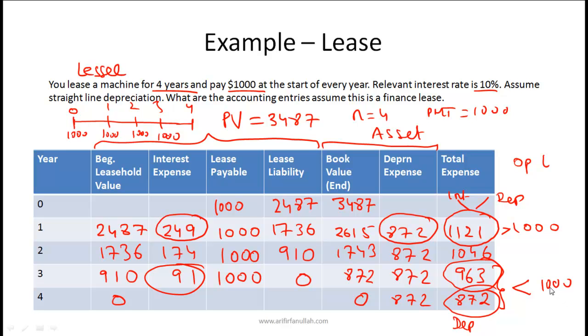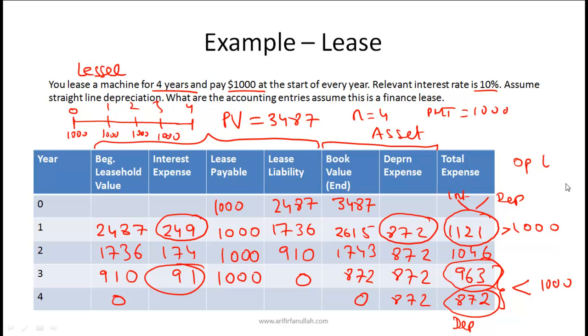And hence, if we look at net income or even operating income, so let's just take net income. The net income for an operating lease will be higher initially because the operating expense is lower. So let me just say this again.